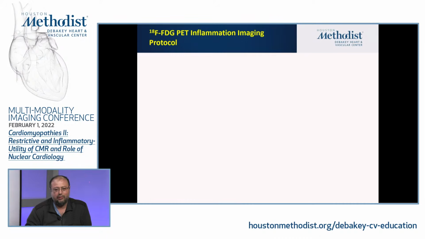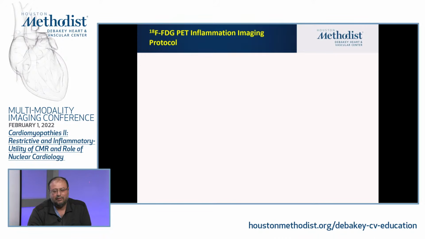I want to clarify a few things about the protocol itself, not to educate on how you're going to do it, but more to put some realistic expectations when you order these studies, because they require some preparation.